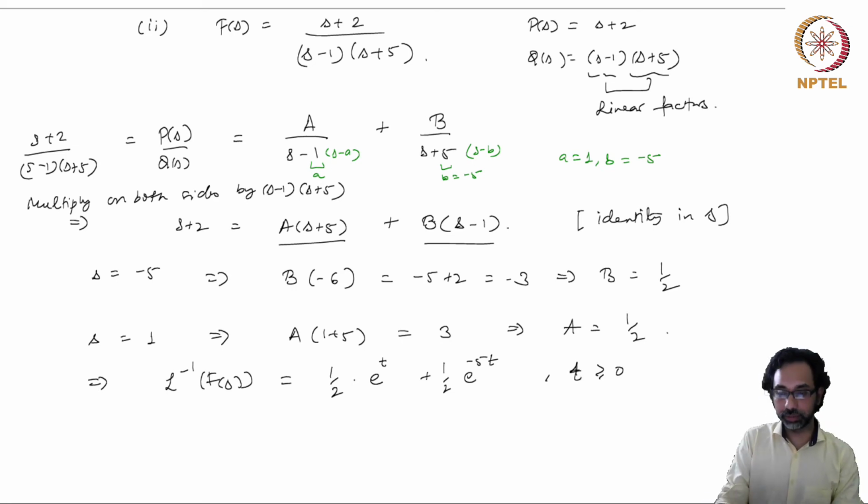So here we have a non-constant polynomial in the numerator, but we can still find out the partial fraction expansion. I'll try to simplify this process: you can multiply on both sides by the denominator q(s) and plug in one by one.